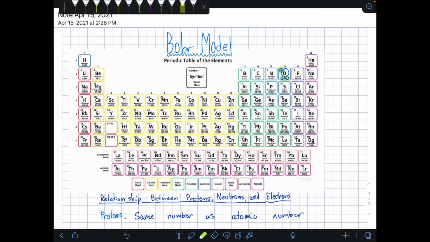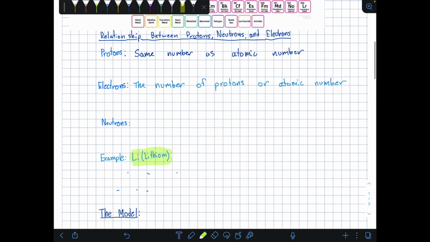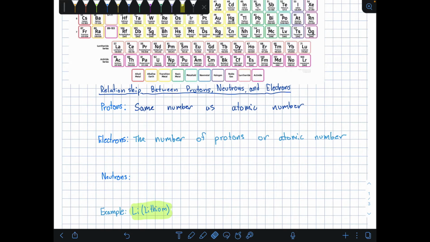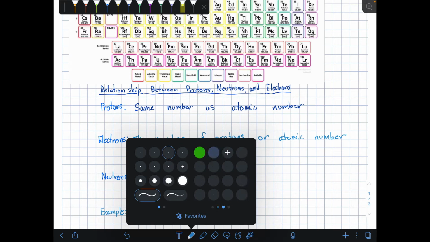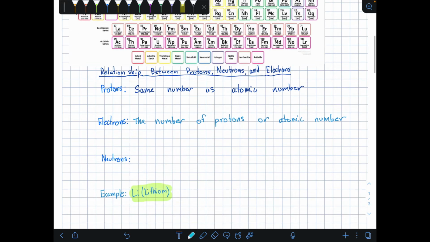So your neutrons is going to be your mass number minus your atomic number. You're subtracting the atomic number from the mass number because the mass number will be bigger.